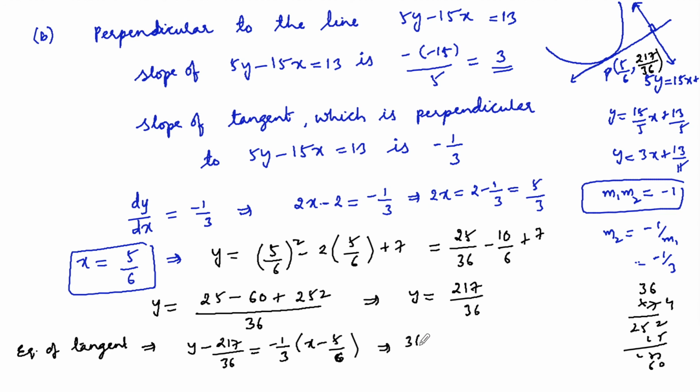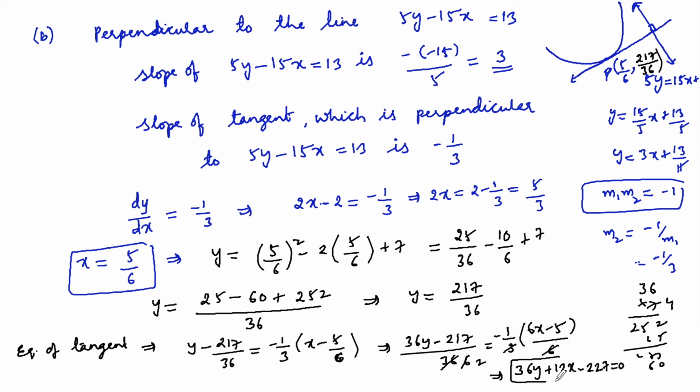After cancelling and doing cross multiplication, I'm giving the direct answer: 36y plus 12x minus 227 is equal to 0. So this is the answer.